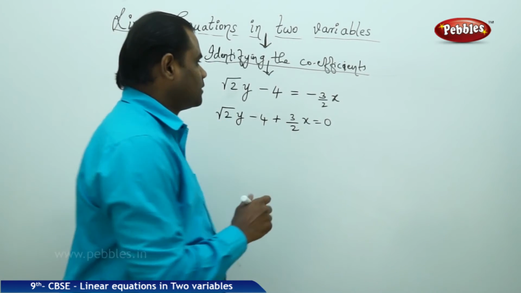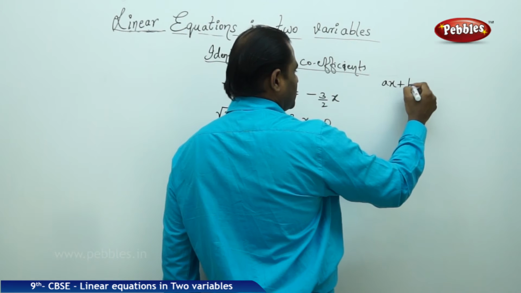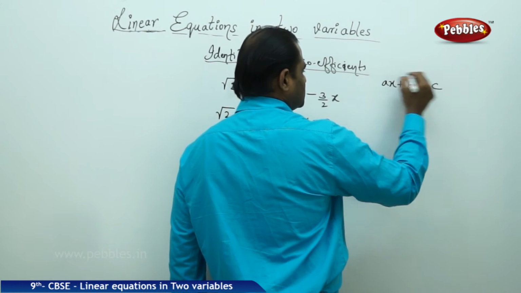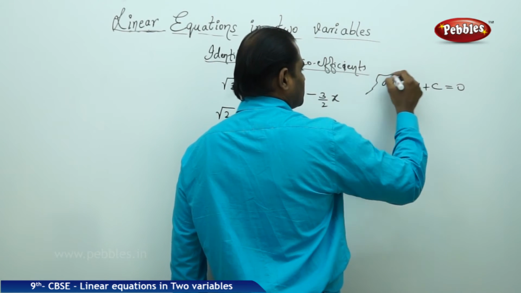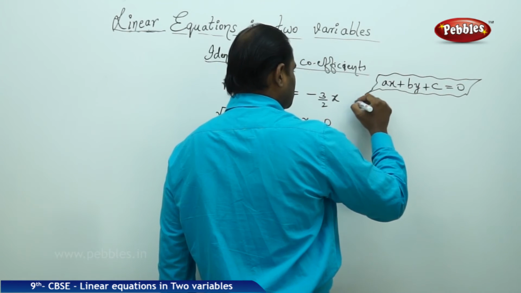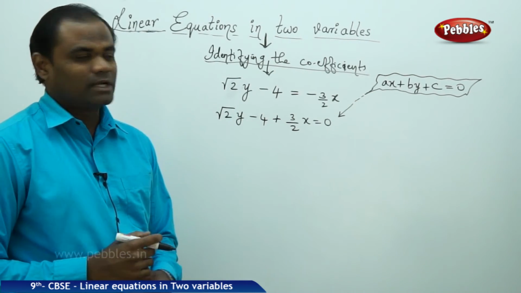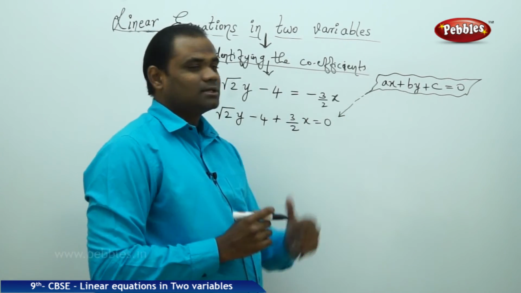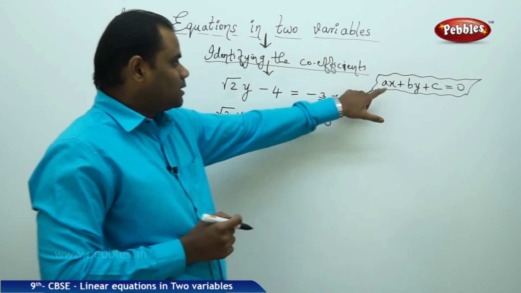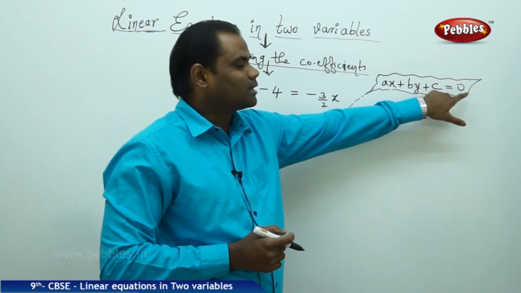Now keeping in mind the general linear equation being ax plus by plus c equal to 0, I try to express the given problem into ax plus by plus c form. So let's see how I can express this into this form. Initially I need to have the x term, the y term and the constant, and then the 0.